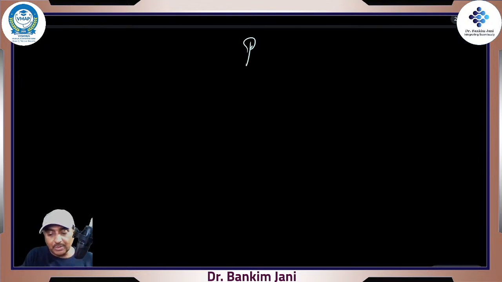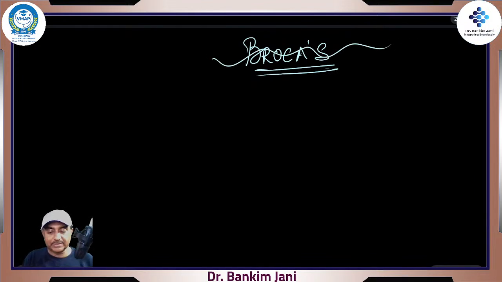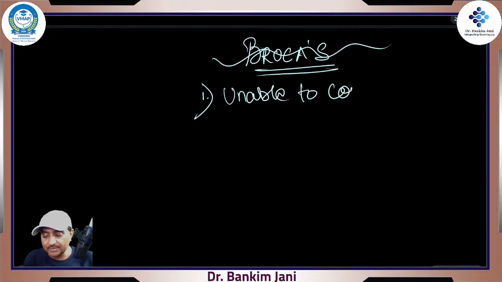So when Broca's area is affected, the first thing that really happens is that the person won't be able to complete his sentence, right? So, unable to complete a sentence.